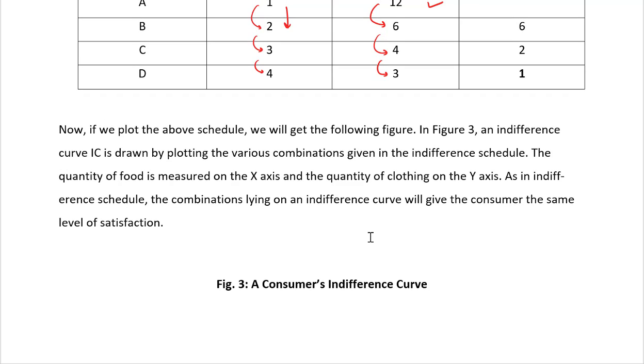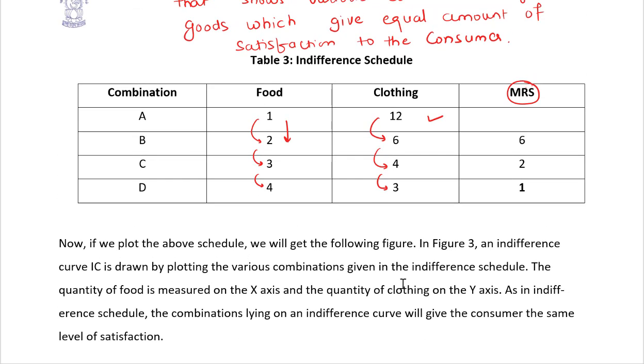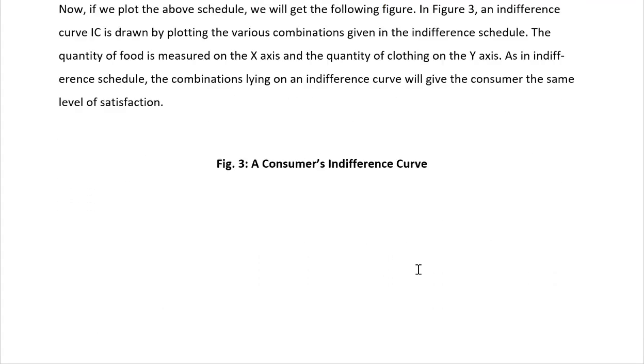Now, if we plot the above schedule on a given graph, how will we be able to make a consumer indifference curve from this indifference schedule? Just try to draw along with me. So we have combinations A, B, C, D. We have food 1, 2, 3, 4.